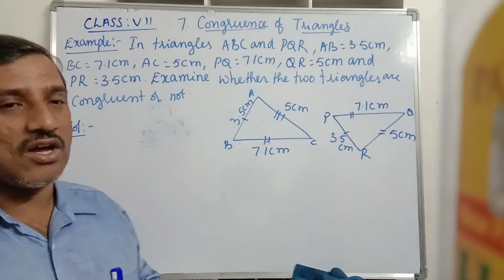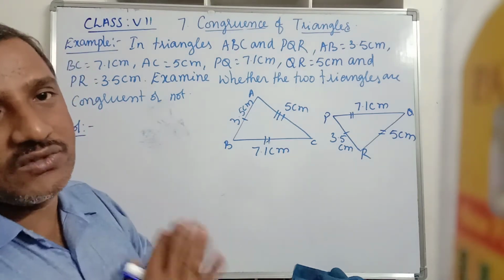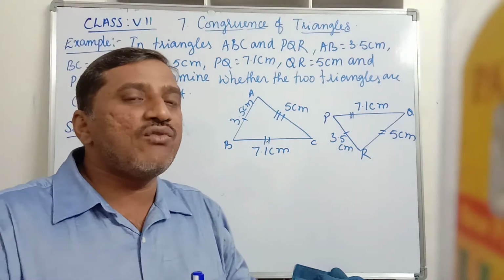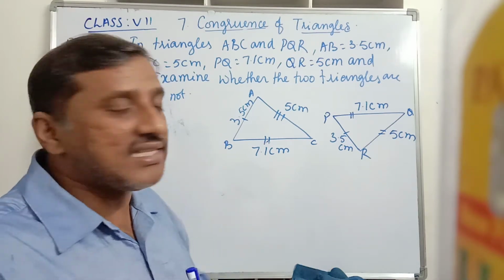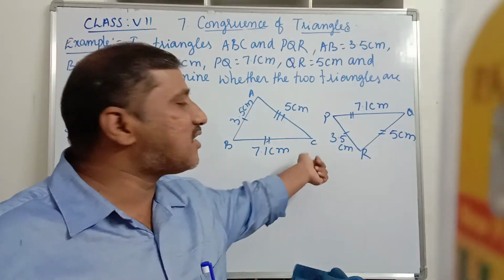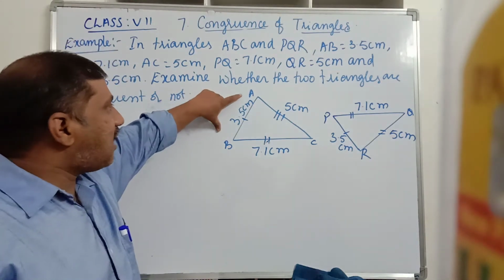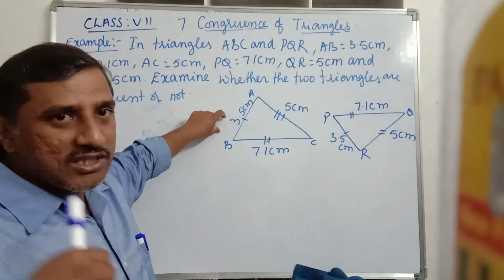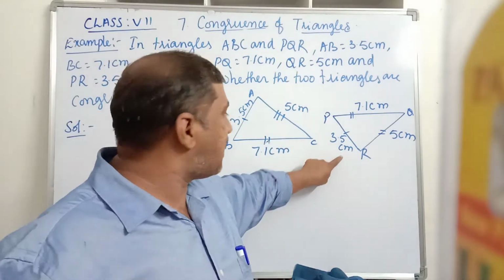Using the SSS congruence. Here we know the three sides of both triangles. So which criterion can we use? Yes, we may use the SSS congruency criterion to prove that these two triangles are congruent. You see here the length of AB. Observe the measurements. 3.5 centimeters, 3.5 centimeters is there.